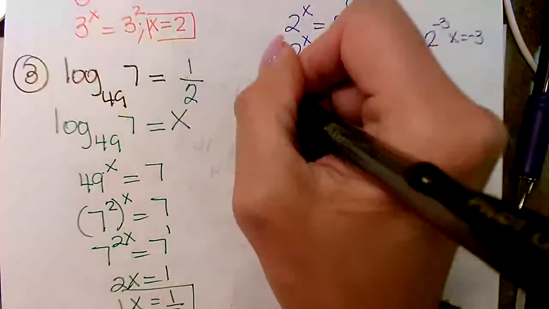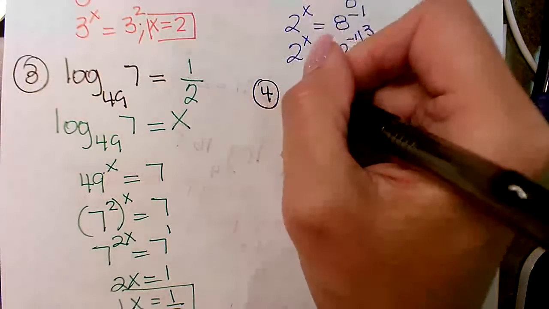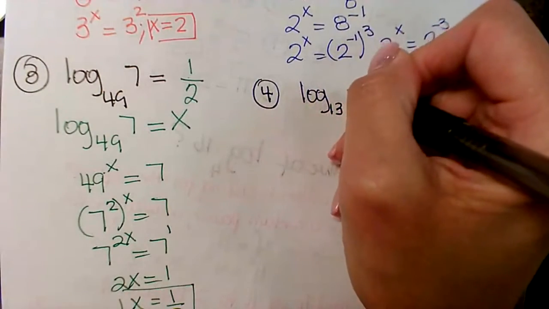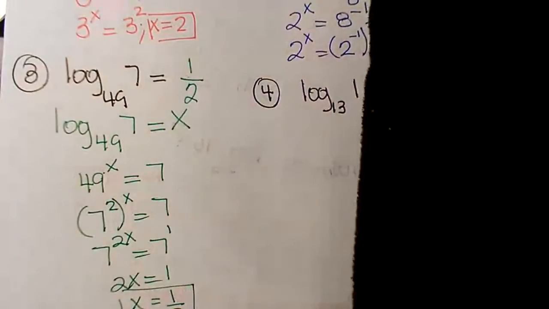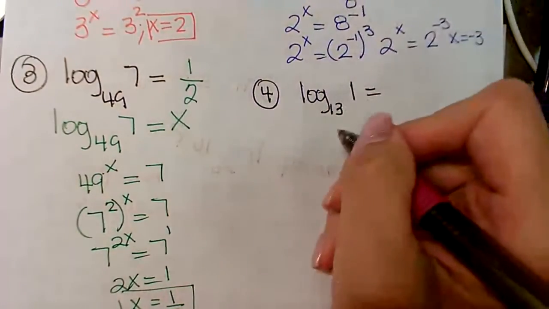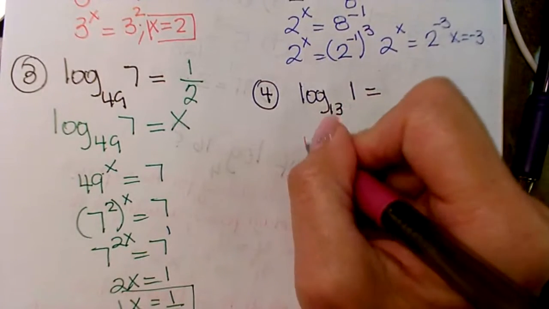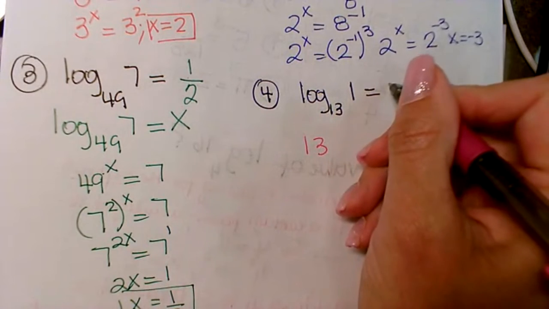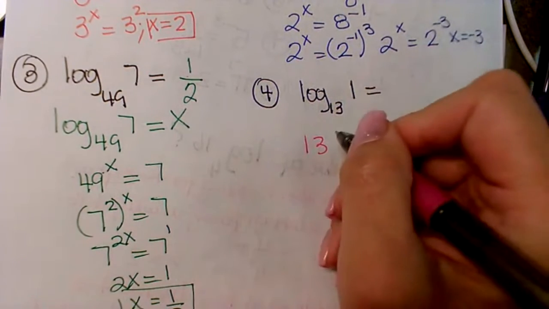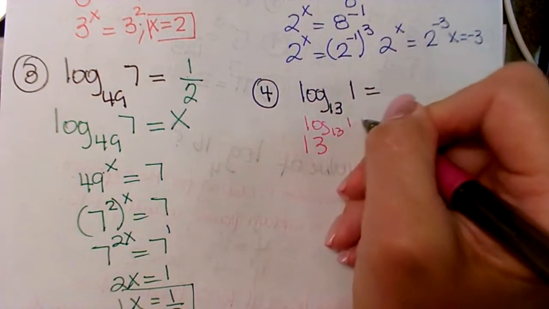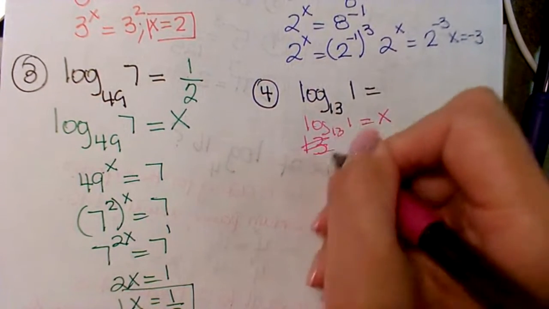Let's do this one. So the base is 3. Remember, we said this is x, right? I didn't rewrite it, sorry. Log base 3 of 1 equals x.